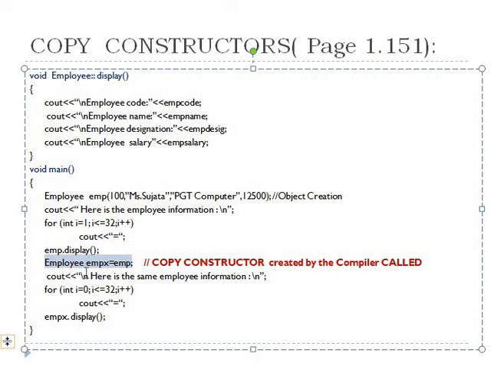Now what this statement is actually doing is first creating a new object bearing the name empx out of this class employee, and once this new object gets created, it shall be initialized with the values from the old object emp, and that shall be done when the copy constructor is invoked by the compiler.